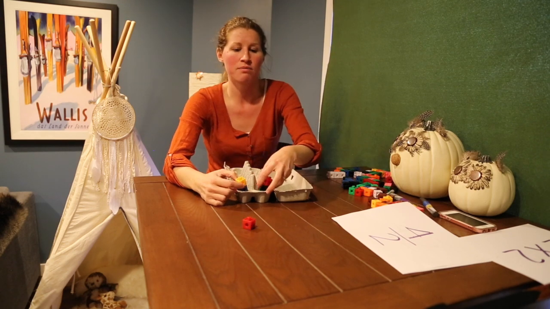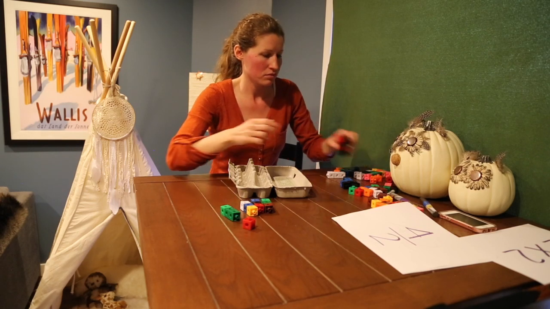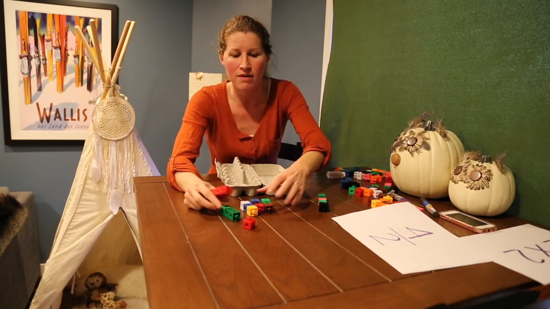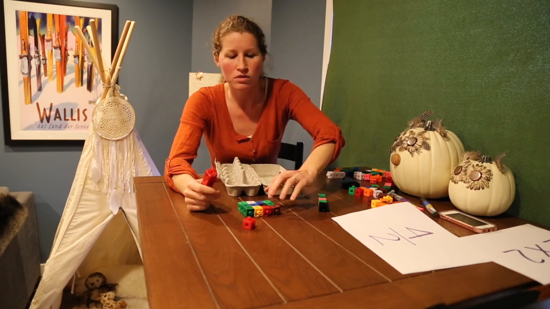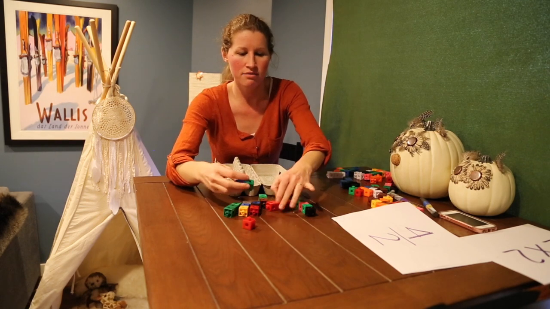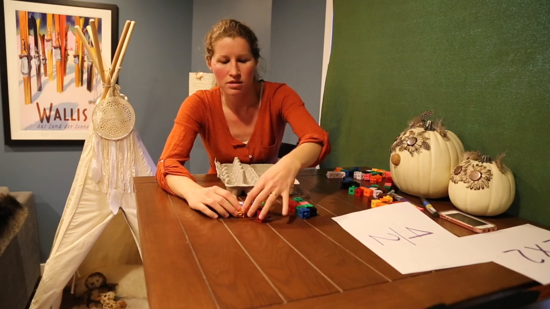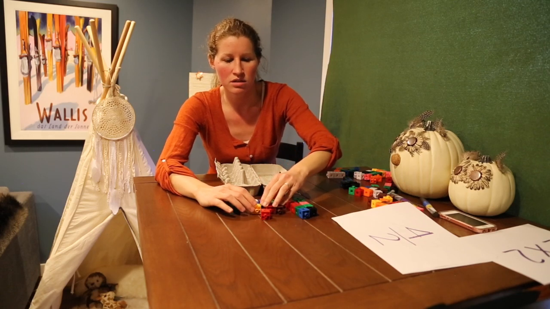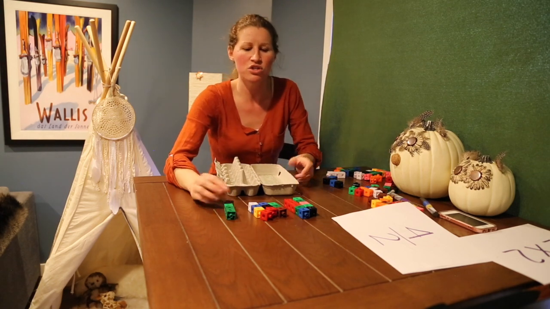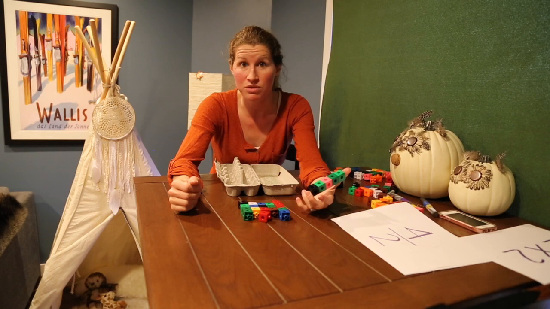Okay, now let's go to 20. Actually, I want to do 24 divided by 5 so that you can see. So here's 24. Let's do 24 divided by 5. Okay, so I'm going to make my groups of 5 here.